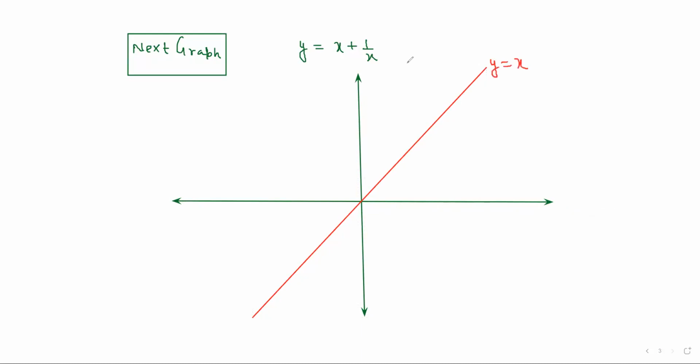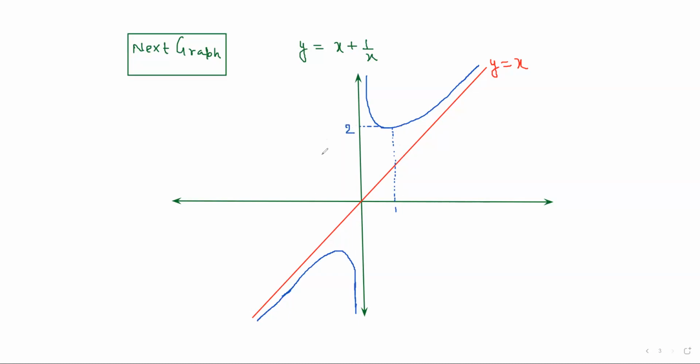So what is the x plus 1 by x graph? Okay, so what you observe guys, you observe just one thing: at x is equal to 1, you get simply 2.